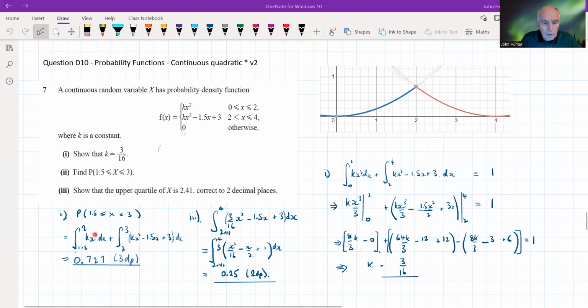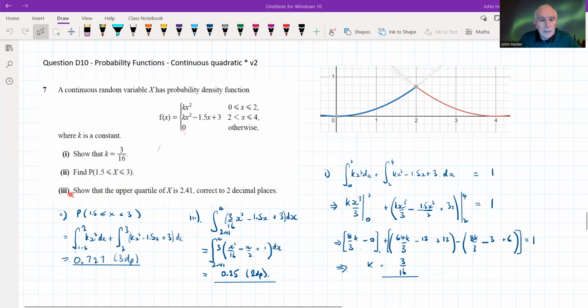So we're going to apply the power rule to those as we did before, and then evaluate between those limits as we did before, and that's going to give us a value of 0.727 to 3 decimal places. So the area there looks about right, doesn't it? As a sort of sanity check.